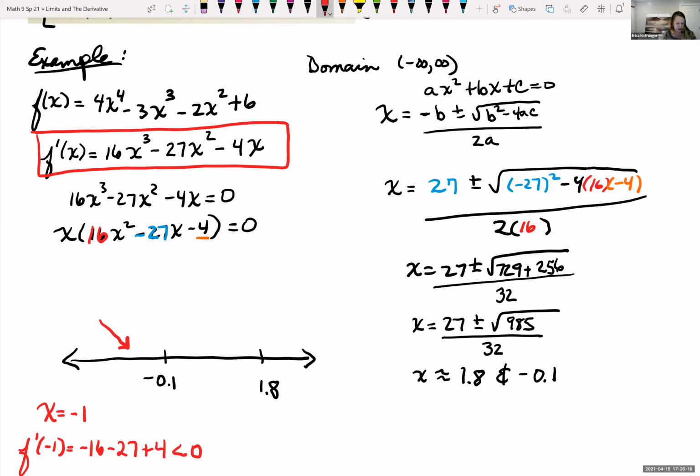And so now check between negative 0.1 and 1.8. Well, I noticed that x equals 0 is in there. So if we went back in and plugged in 0, actually, that is a critical number too, guys, right? I forgot about this piece.